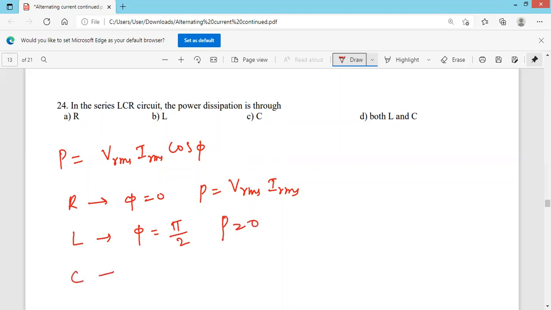Even in the capacitor circuit, current leads the voltage by pi by 2, or voltage lags the current by pi by 2. As a result, power is equal to 0. Therefore, there is no power dissipation through inductor or capacitor. Power dissipation is only through the resistor. Therefore, option A is our correct answer.